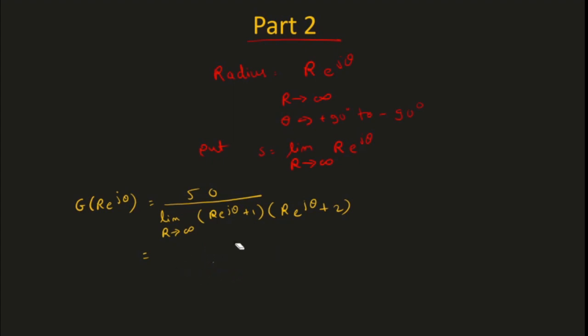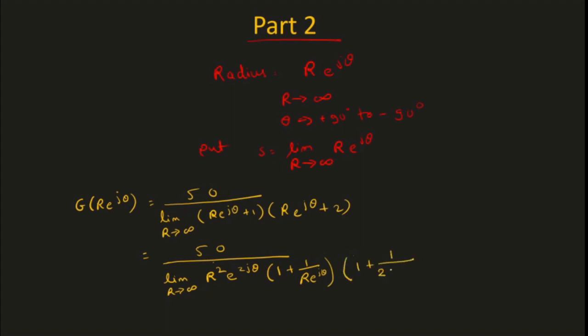Rearranging further, we get 50 upon limit r tends to infinity r square e raised to 2j theta, bracket 1 plus 1 upon r e raised to j theta, into 1 plus 1 upon 2r e raised to j theta.